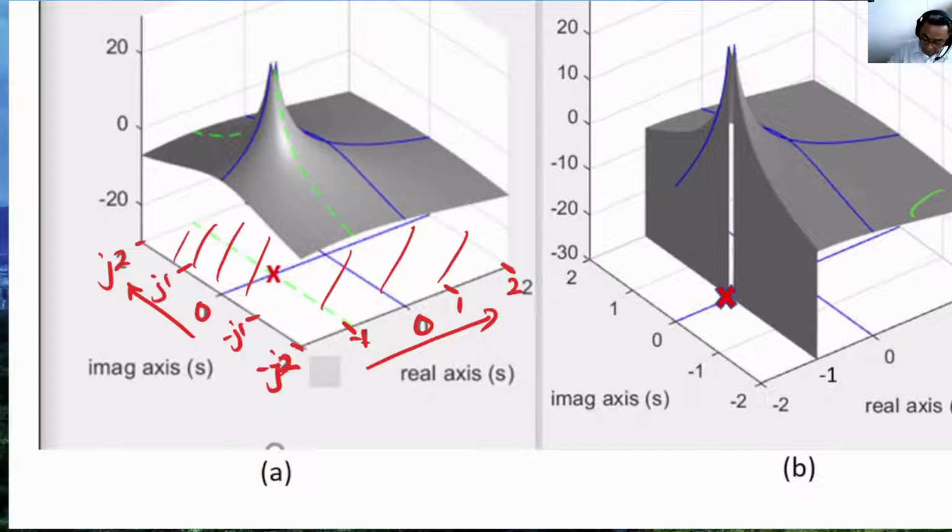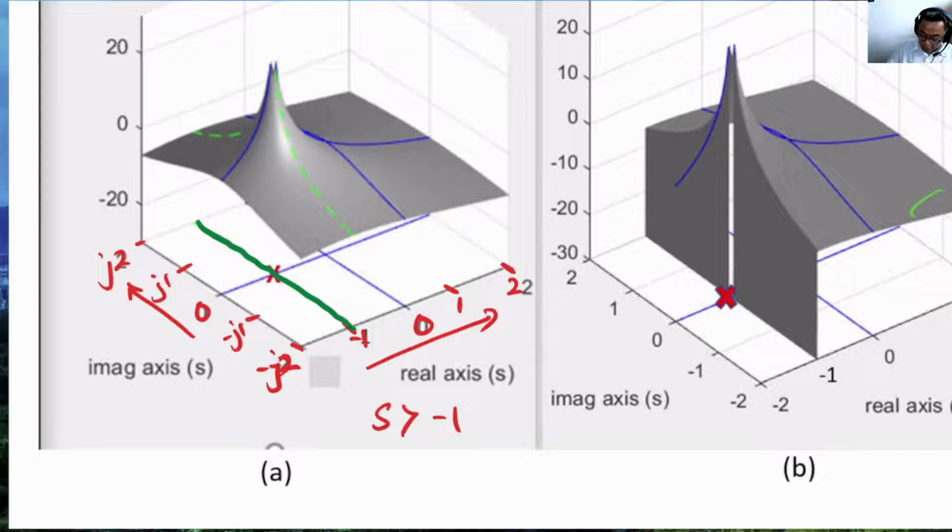Alright. We say that the s value must be greater than minus 1. So I draw a green line for you here to show you exactly where s equals minus 1. This green line here. When s is greater than minus 1, what we are saying is that all this region here.